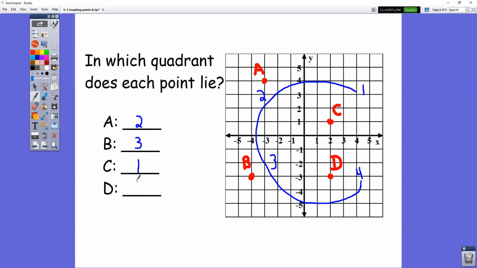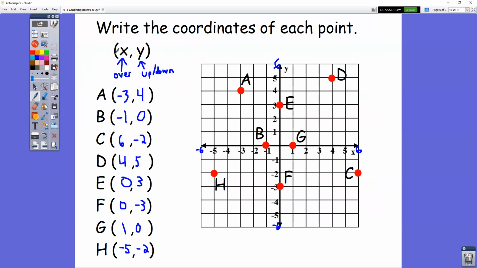And D is in quadrant number 4. So that's the third type of question that you are going to have on your homework today. Again, the biggest thing that you need to remember is that the first number in your coordinates or points is how many you go over. Your second number is how many you go up or down.